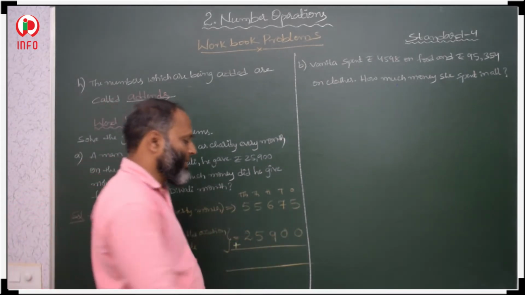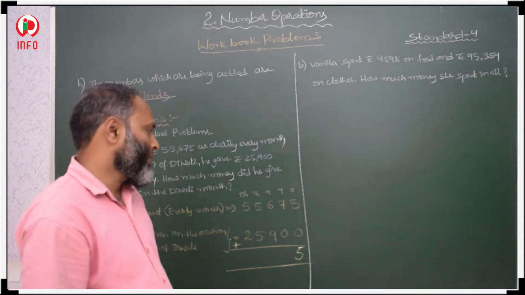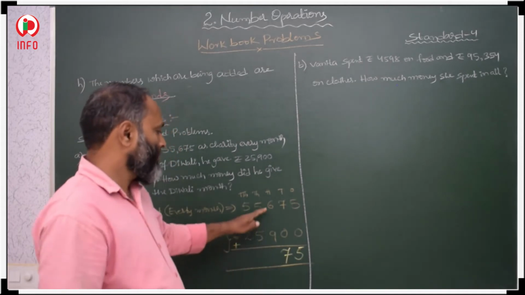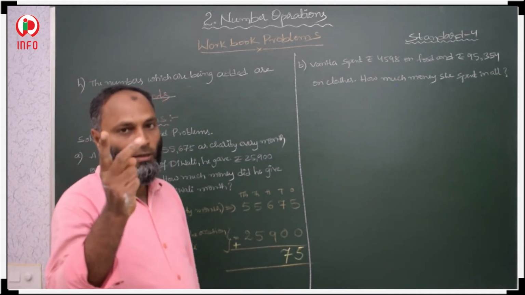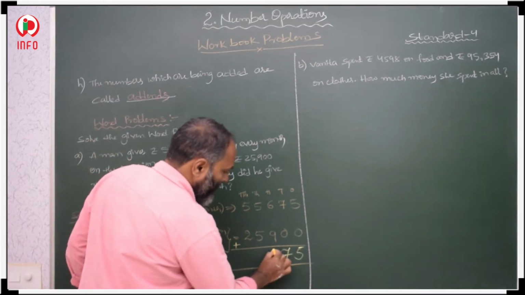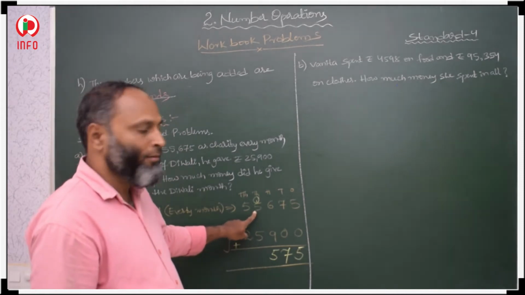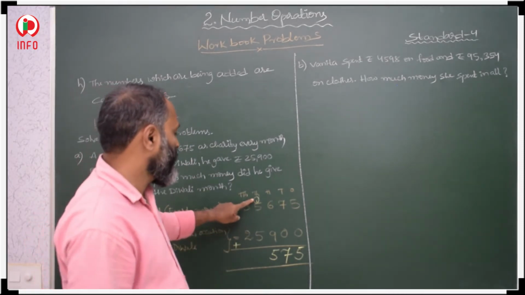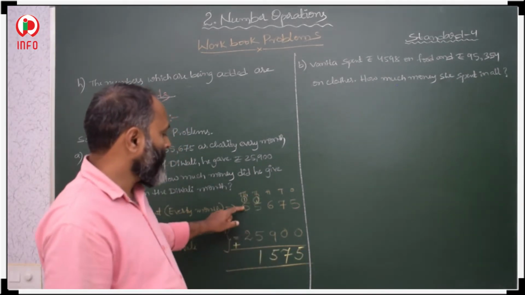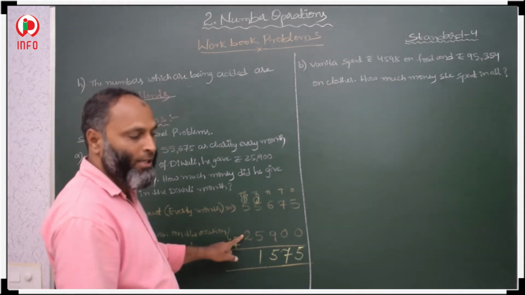5 plus 0 is 5. When 0 is added to any number, the number stays the same, so that is 5. 7 plus 0, 7. 9 plus 6: 9, 10, 11, 12, 13, 14, 15. 500s, 1,000. 5 plus 5, 10. 10 plus 1, 11. 11 means 1,000 and 10,000. 5 plus 1, 6. 6 plus 2, 7, 8.